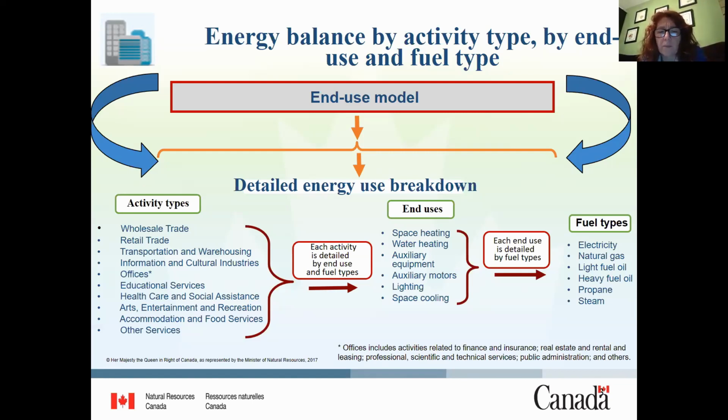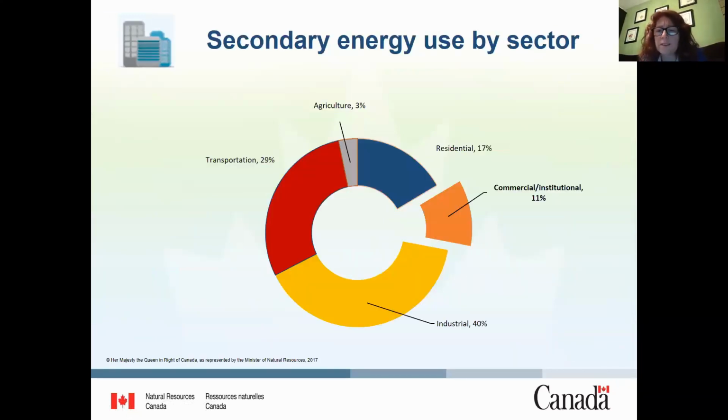So for example, we have data for the wholesale trade, how much energy space heating uses, and by what fuel type. So we have very detailed data that we work with. So based on our data, I'm gonna move on to slide 4, please.